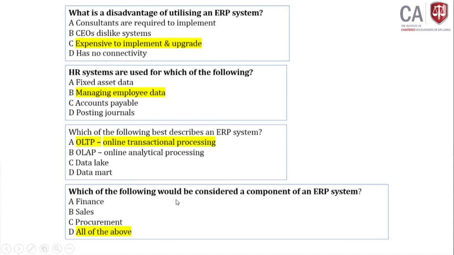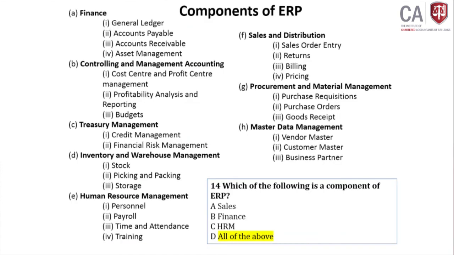Which of the following would be considered a component of an ERP system? Finance is a component, sales is a component, procurement is a component: all of the above. Most of the theories I have given in this slide and in some books talk about these components only. But the concept behind ERP is not related to a product like SAP or Oracle.